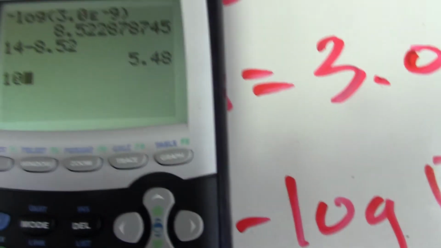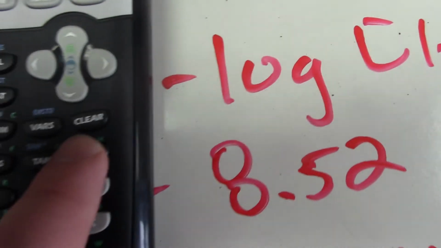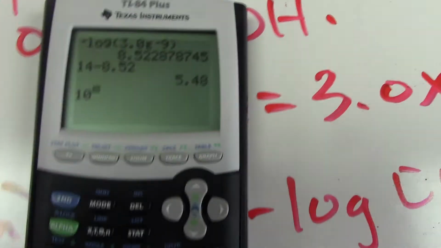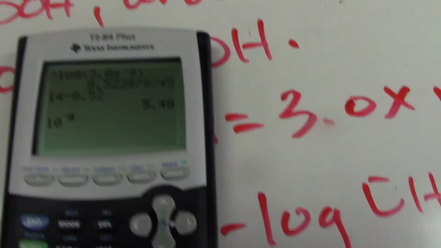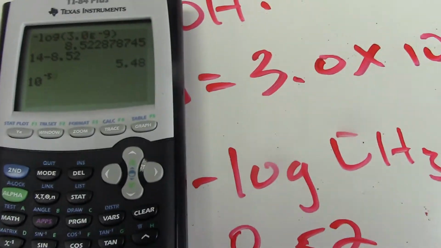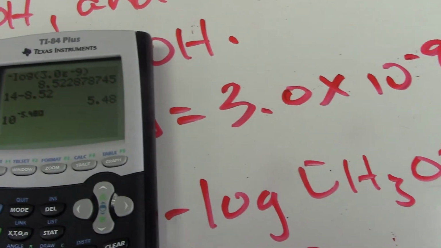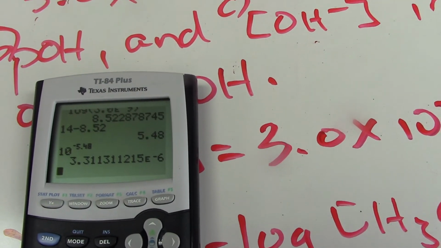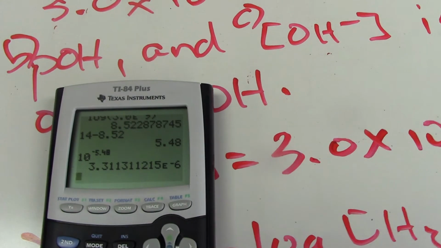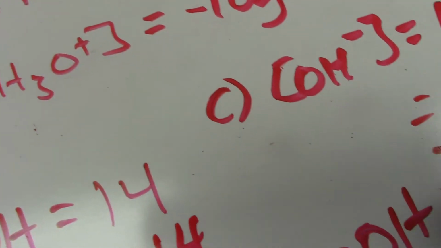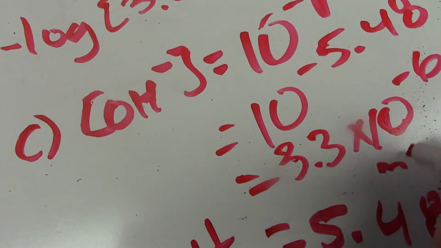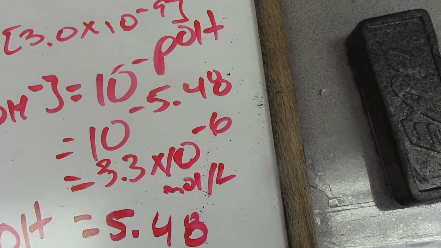So 10. All right, use your little Christmas tree here. To the negative 5.48. My concentration of hydroxide equals 3.3 times 10 to the negative 6 moles per liter.